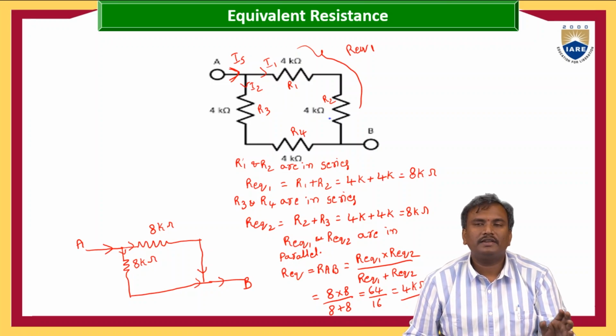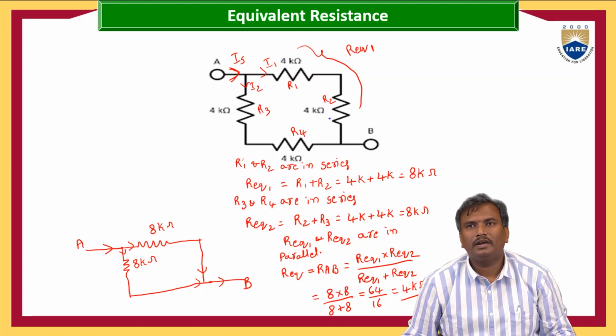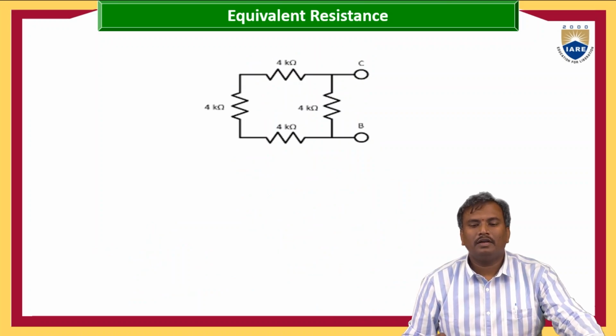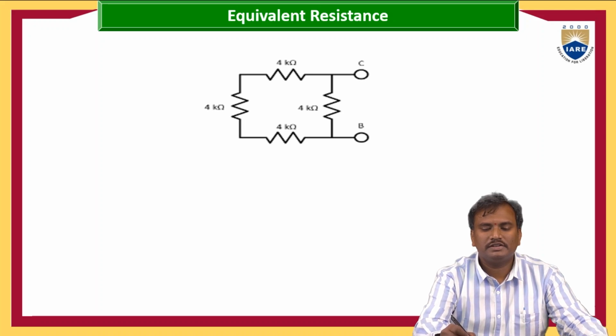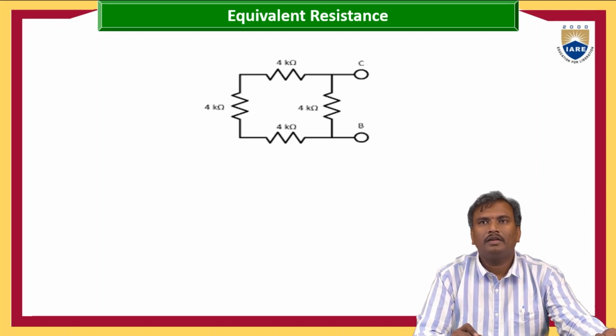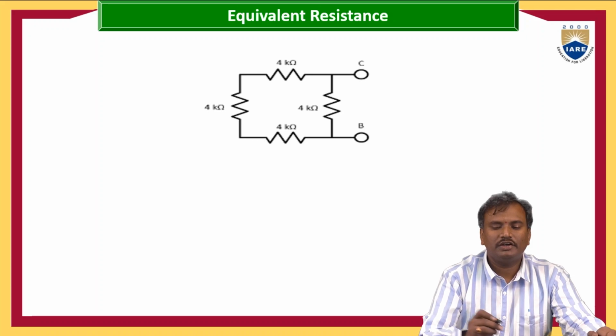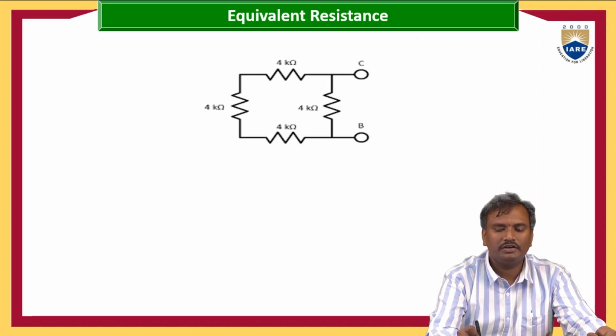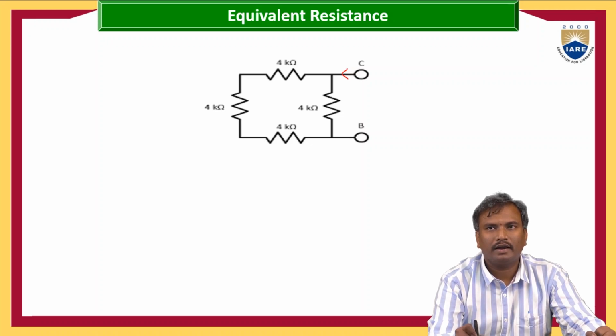Now we'll go with, for the same circuit, if the terminals are changed, how we are going to calculate the equivalent resistance. Now the terminals are changed, C and B. When these terminals are changed, we have to check that current is flowing from any one terminal.